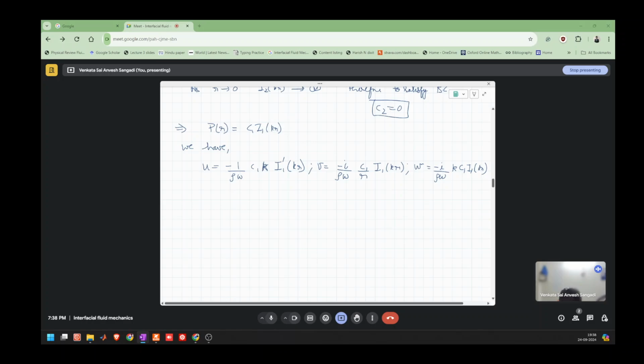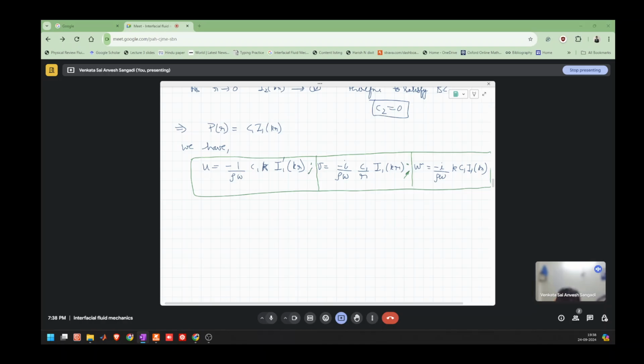So these are the values of the three components of velocity. So these are the three values of continuity.